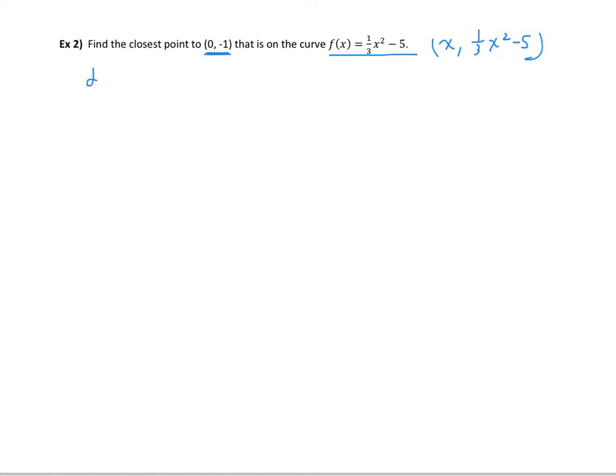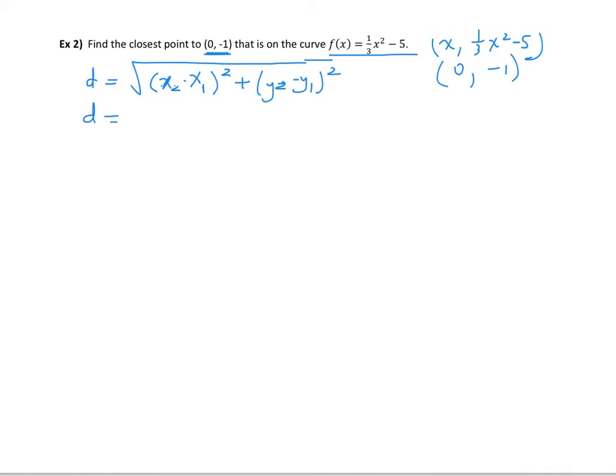So distance, if you remember, the distance between 2 points is really the square root of the run squared, so x2 minus x1, squared. This is just based on the Pythagorean theorem. The run squared plus the rise squared, y2 minus y1, all squared. So if I look at my 2 points here, I could come up with a little formula based on that x.